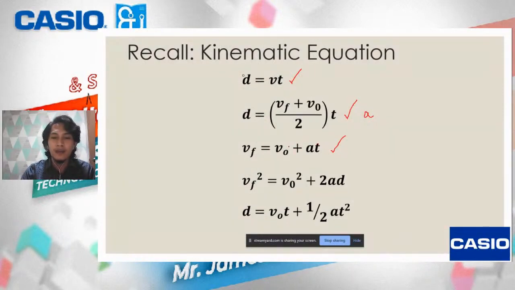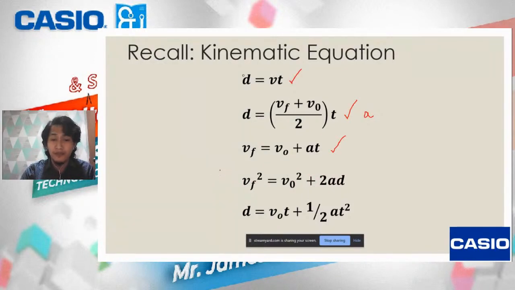Then we manipulate this equation such that we want to identify the final velocity. Okay? On the other hand, ito naman, galing to sa mga equations natin dito. Ito, actually, pinagsanib na lang natin to.